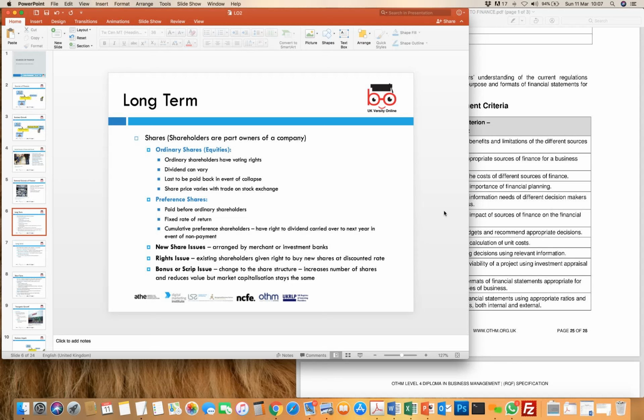They feel that the return on investment, on the price that they've bought the shares at, is something they get as dividends, year on year, and the confidence remains, and because of that the company's valuation in the stock market tends to increase. So these are three types of share issues which companies can look at to generate long-term finance.